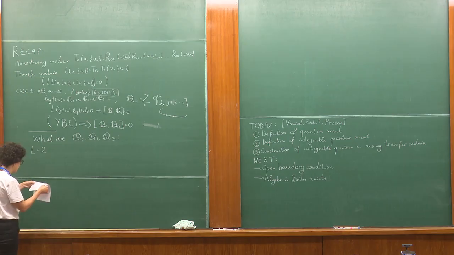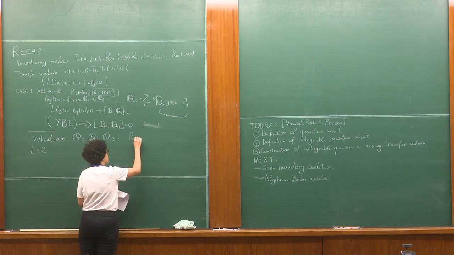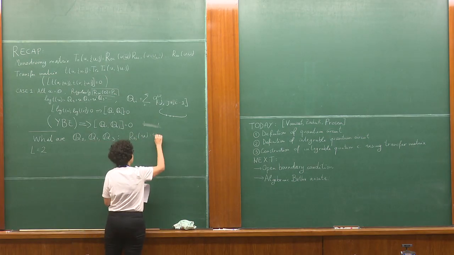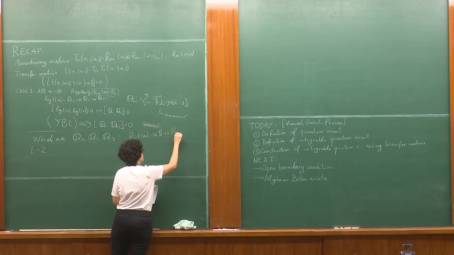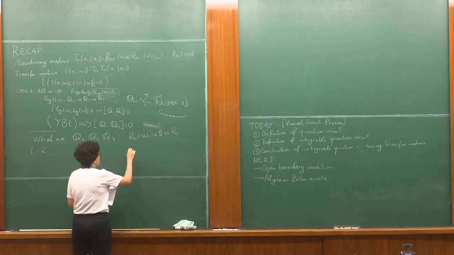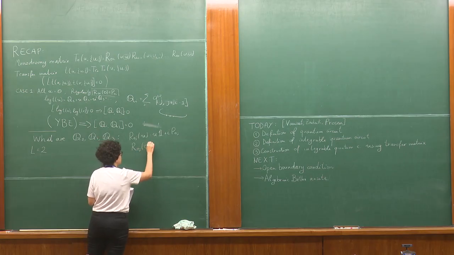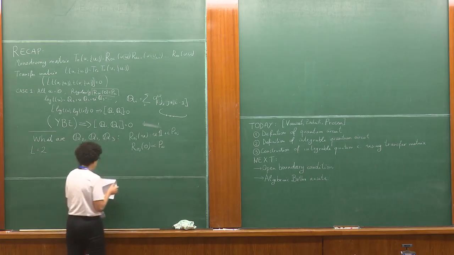And let us consider the R matrix R_{0J}(u) equal to u identity plus i P_{0J}. And we will strongly use the regularity property that R_{0J} at 0 is proportional to the permutation operator, P_{0J}.